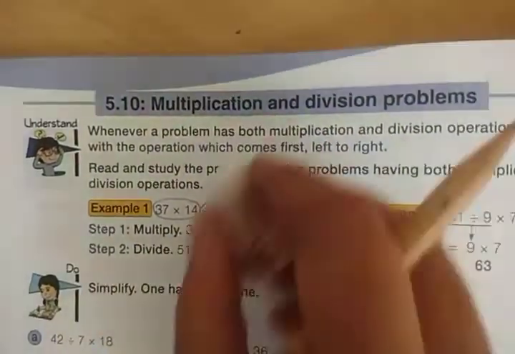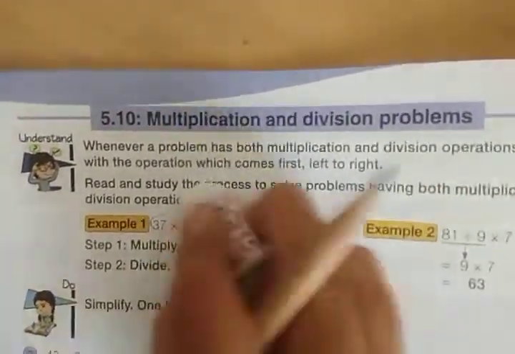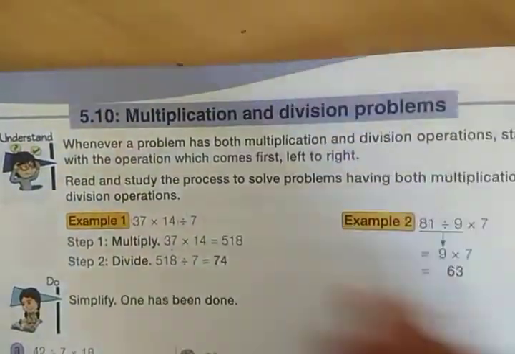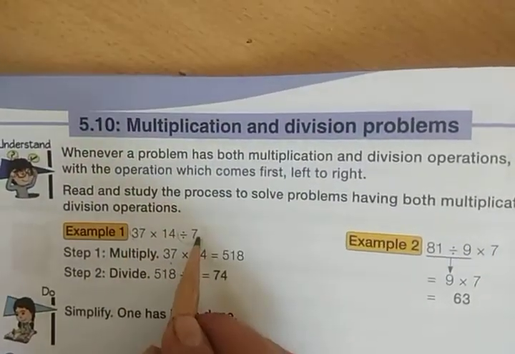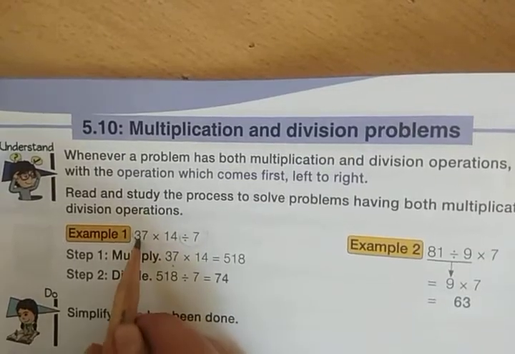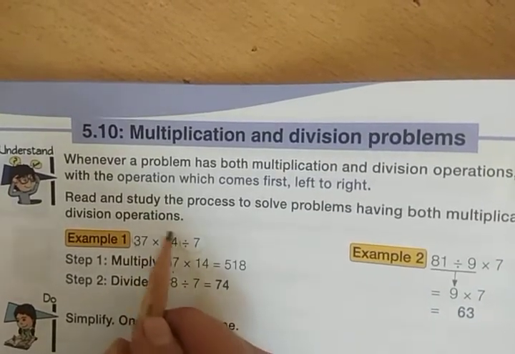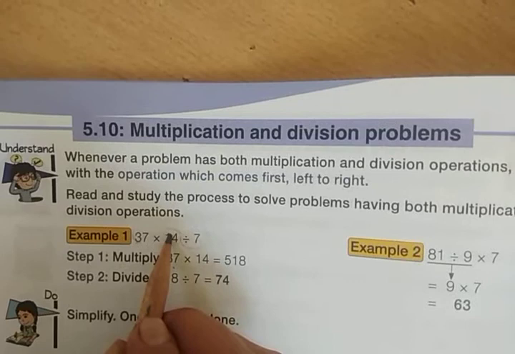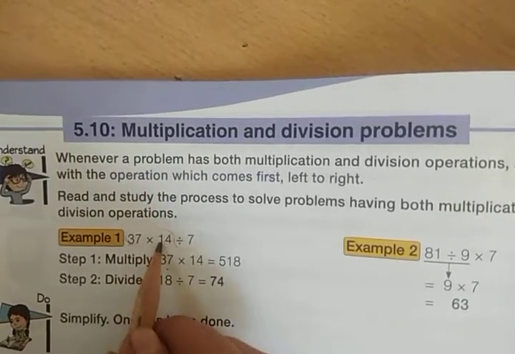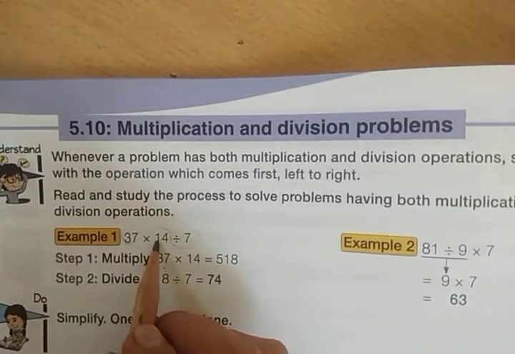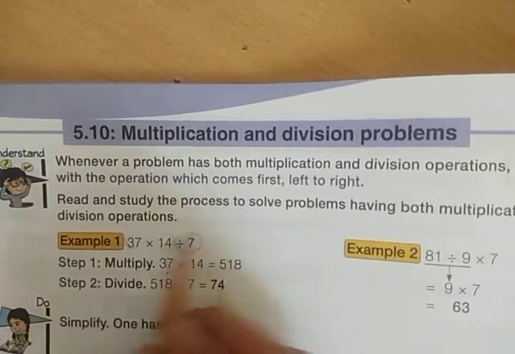See your example, and always we have to solve the problem from left to right. This is left and this is right. We have to go in this order. 37 multiplied by 14 we should solve first, then whatever answer we get from these two, with that answer we should solve the third one.